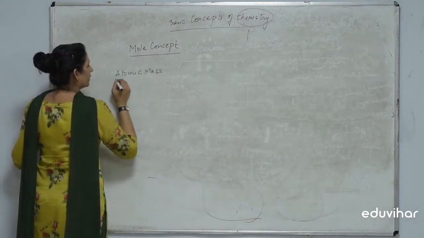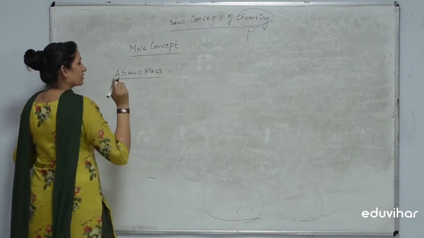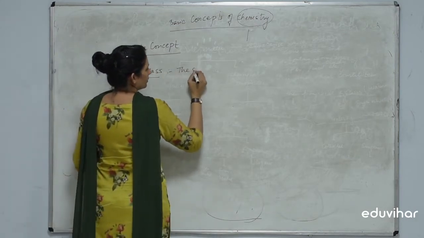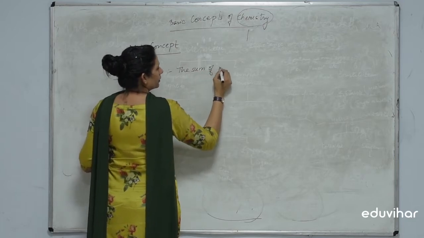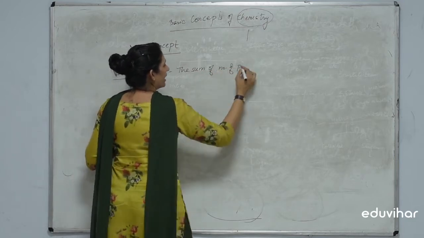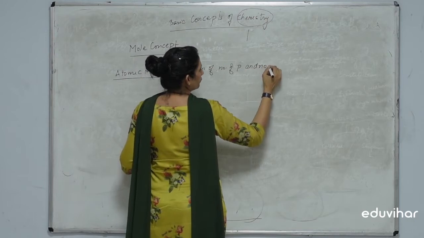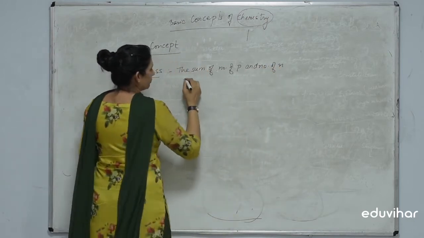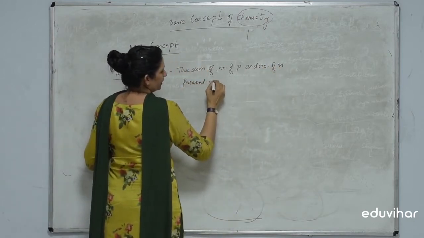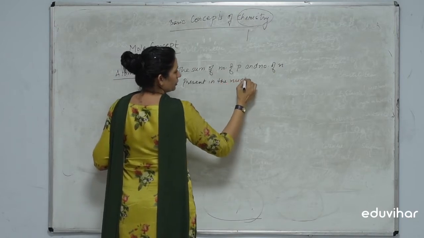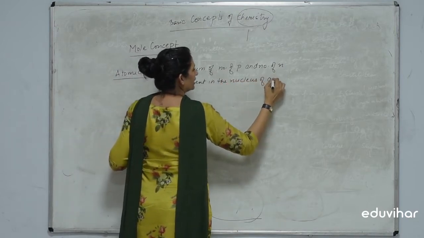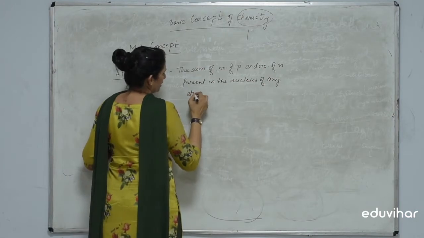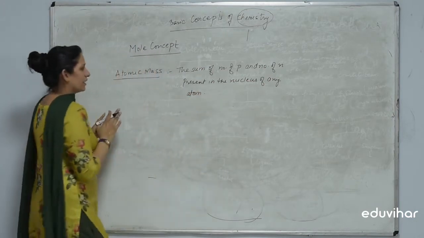First, atomic mass is defined as the sum of the number of protons and the number of neutrons present in the nucleus of any atom. That is known as atomic mass.